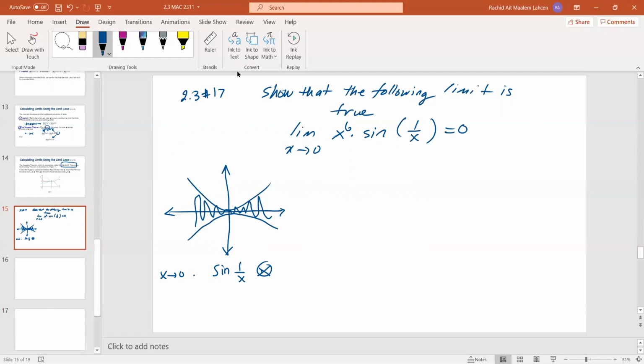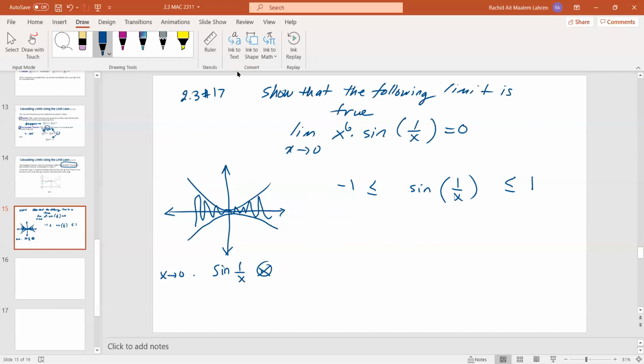So that's where you're going to start. So we're going to set up these lower and upper bounds. The trig functions, sine and cosine, both have their range between -1 and 1.